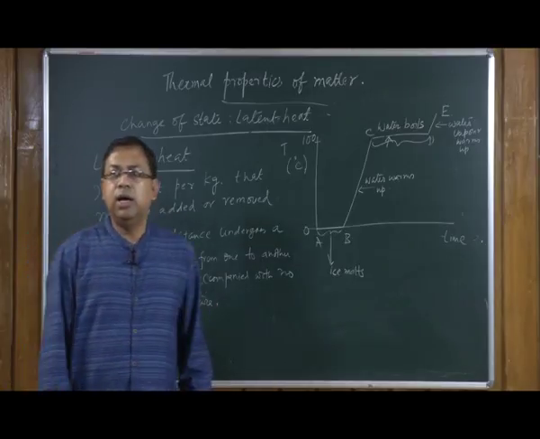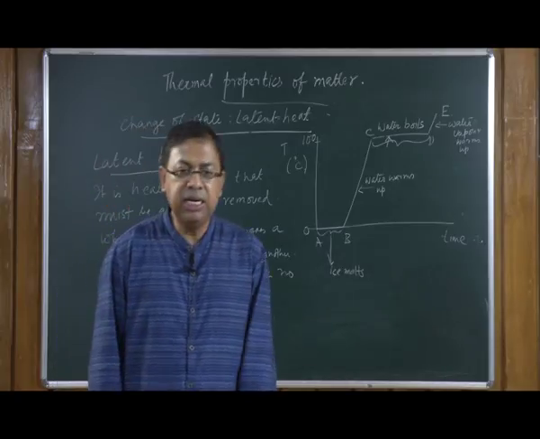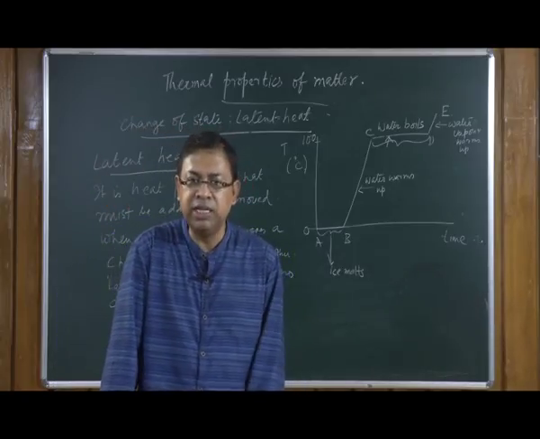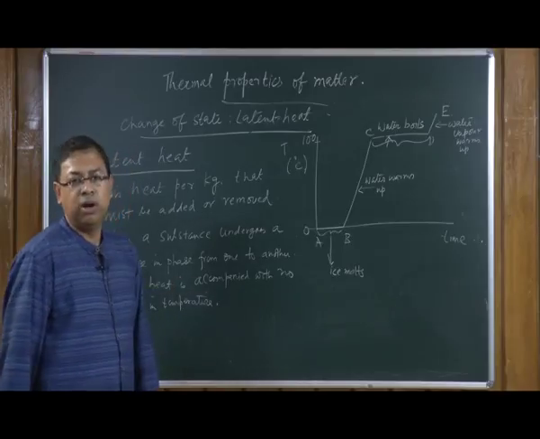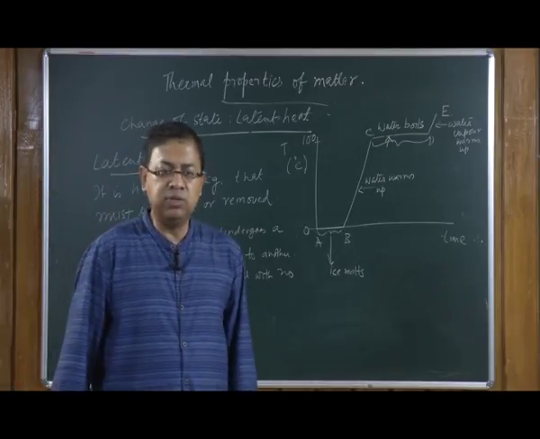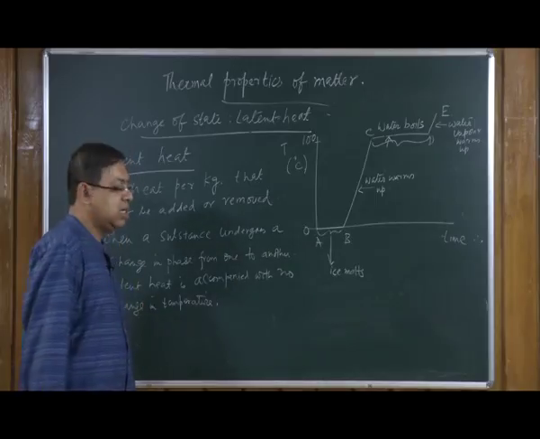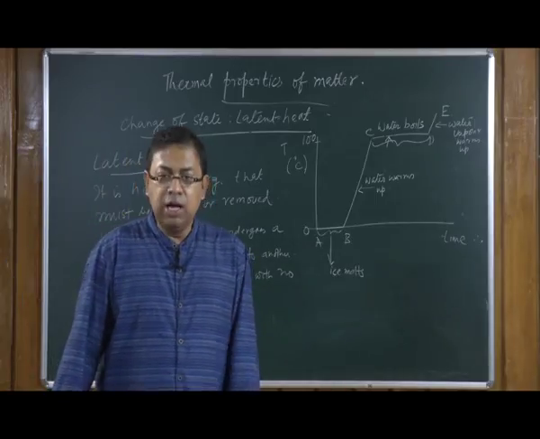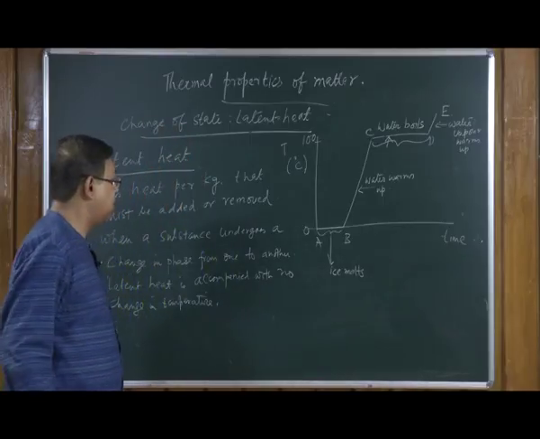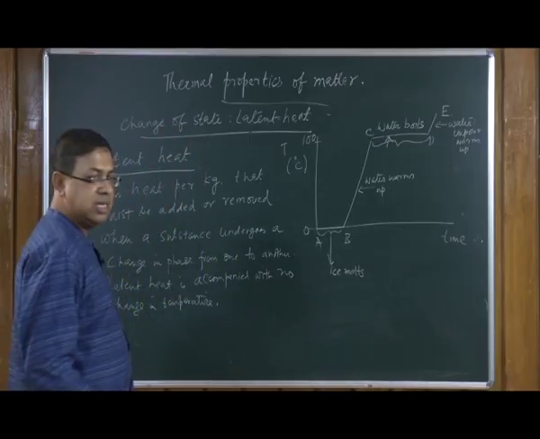So, it is the heat required per kg of the substance which is undergoing a phase change from one phase to another phase, and as we have seen, it is accompanied by no change in temperature. So, there are three kinds of latent heat which we can define.